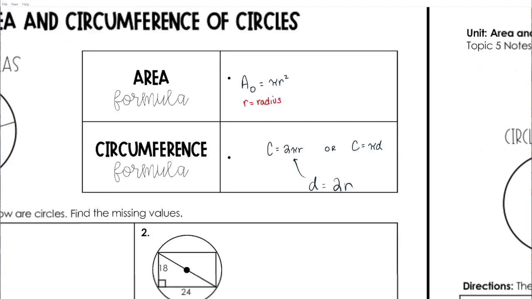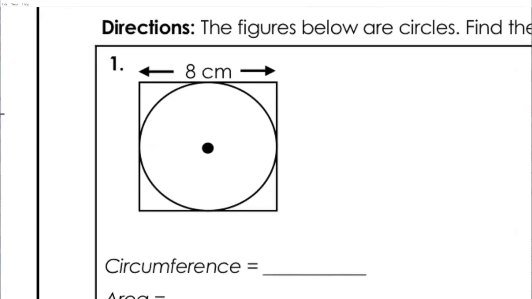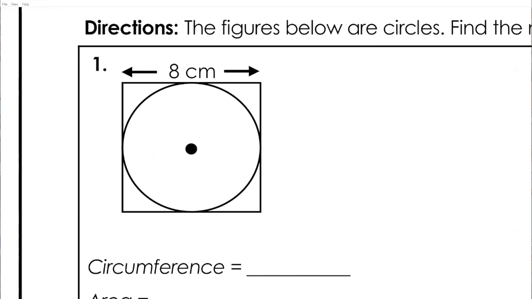All right, let's look at number 1. So number 1 is a circumscribed circle within what looks to be a square. We're not really sure, but we know that that top side is 8 centimeters.